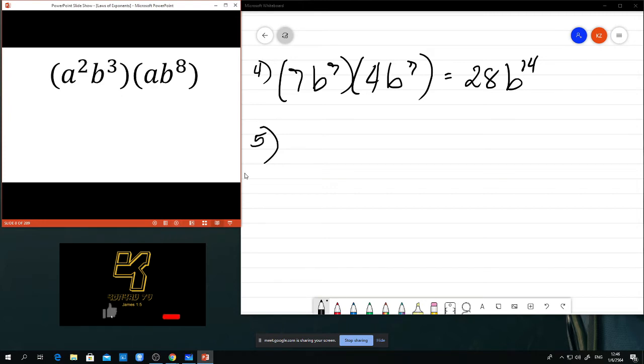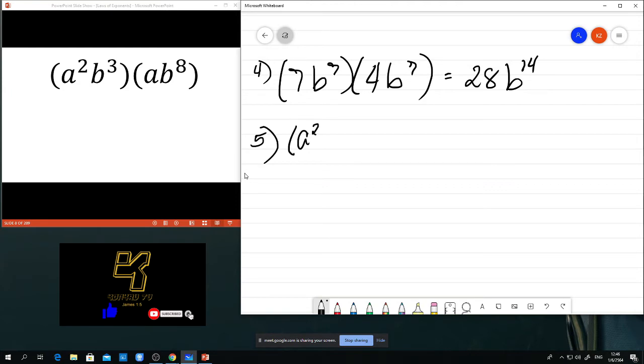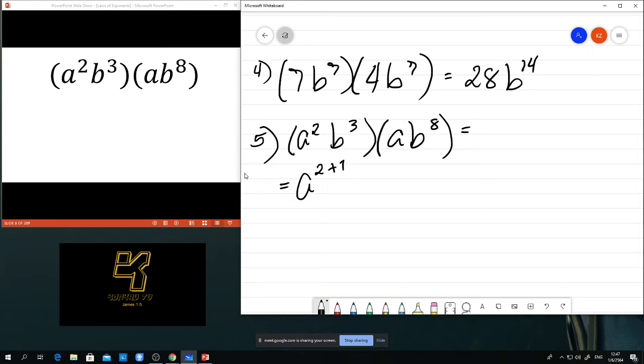So a power of 2, b power of 3, then ab power of 8. We add the exponents only with the same base. The same base only. So I will write in detail. a power of 2 plus 1, because we have a power of 1 here.